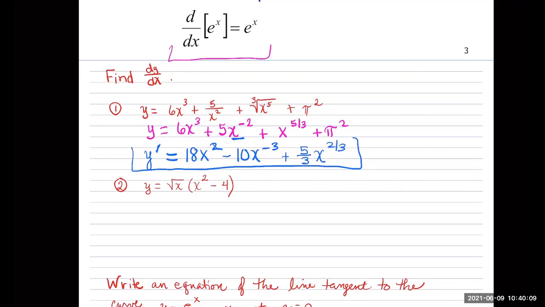So the derivative of pi squared is 0. So this is the derivative of my function. If you take the derivative of x to some power, that's when you use the power rule. I know that that looks a little funny. I just wanted to make sure that didn't trip you up later. That's why I asked you that, but that's just a constant. So any questions about that?